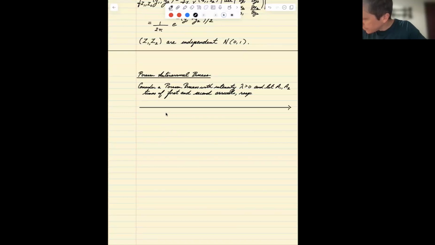So what we have is time 0. We have the time of the first arrival, the time of the second arrival. And we want to think about the joint distribution of the arrivals.